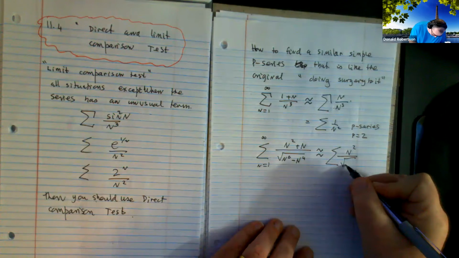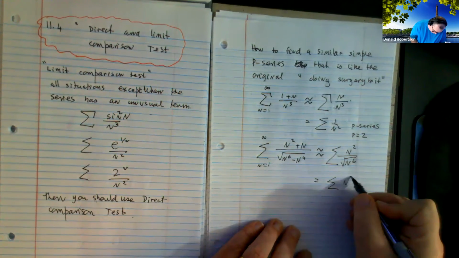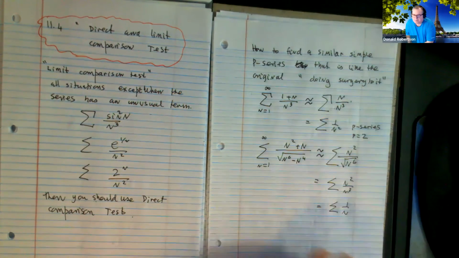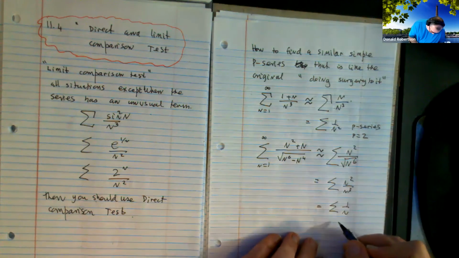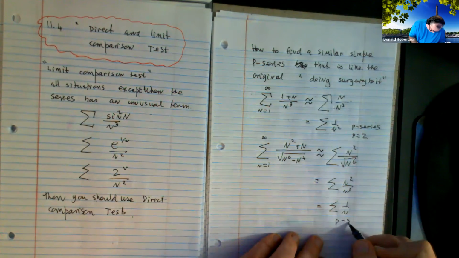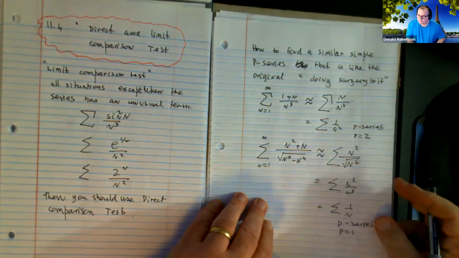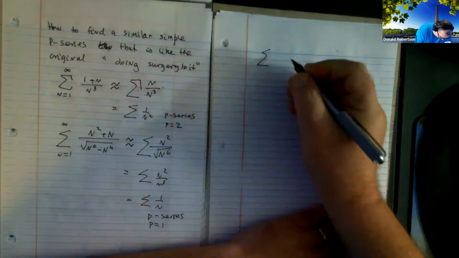For those who don't see that, it's the square root of n to the sixth, which is n cubed, so it's n squared over n cubed, which means doesn't this behave like 1 over n? And so it's a p-series. And in this case, p is 1.